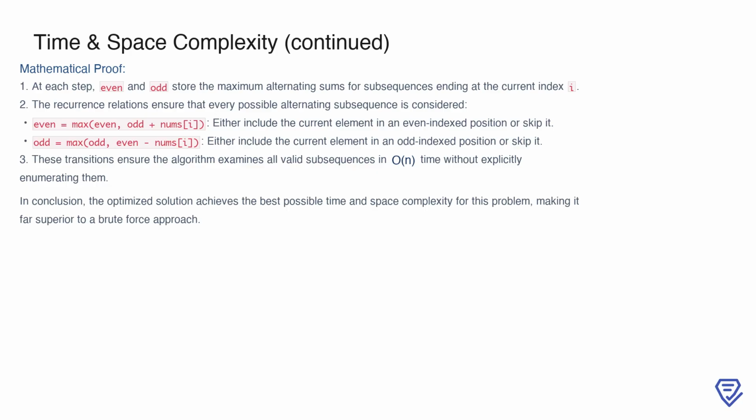Similarly, odd is updated as the maximum of its previous value or the difference between even and the current element, representing the choice to skip or include the element in an odd indexed position. These transitions systematically account for every possible subsequence, achieving this in O(n) time without explicitly enumerating them. This combination of efficiency and mathematical rigor ensures the algorithm achieves the best possible time and space complexity for the problem.